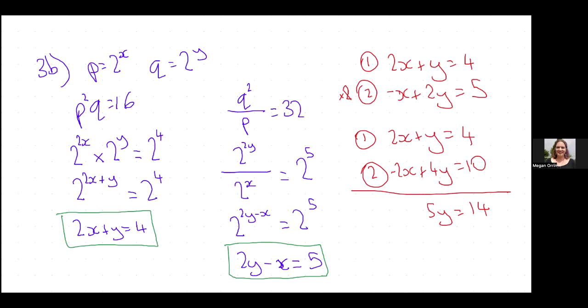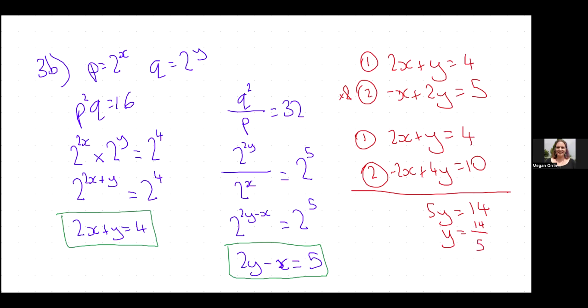Q squared over p, or did I write them backwards? Q is 2 to the power of y. Nope. No, this is right. Okay, so then y is 14 over 5, which is awful. I totally agree. This is a terrible fraction.